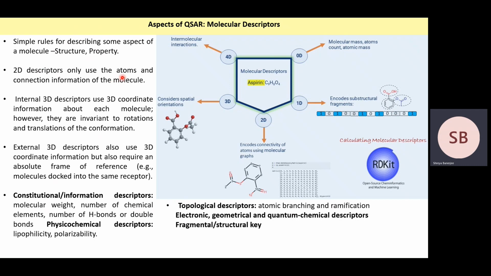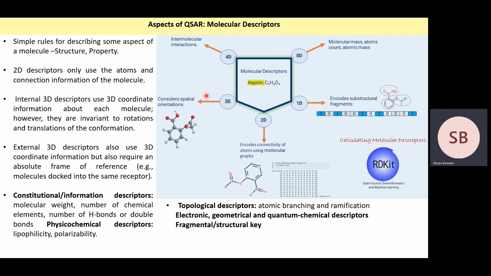2D descriptors use the atoms and connection information of the molecule. So it will denote which are the atoms and how they are connected, like by single bond or double bond. Then internal 3D descriptors use 3D coordinate information about each molecule. However, they are invariant to rotation and translation of the conformation.